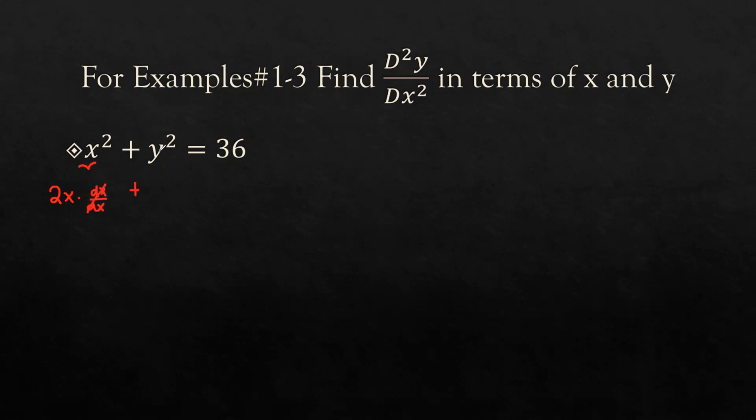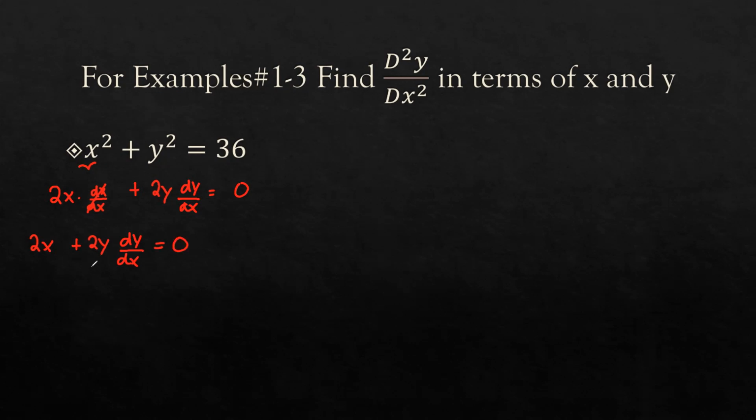The derivative of y squared with respect to x is 2y dy/dx. And on the right side, the derivative of 36, a constant, is 0. So we have 2x plus 2y dy/dx equals 0.